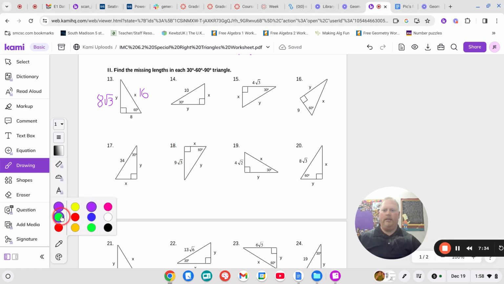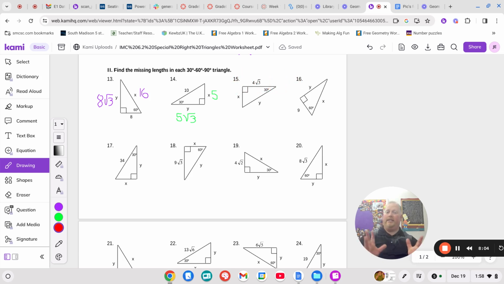Number 14, let's try a different color. They give us the hypotenuse. That's not too bad, because all you have to do is just cut it in half, and that's your short leg. And then take that short leg and multiply by square root of 3. Number 15, they give us the long leg here.